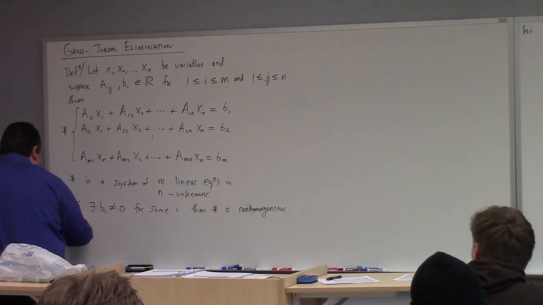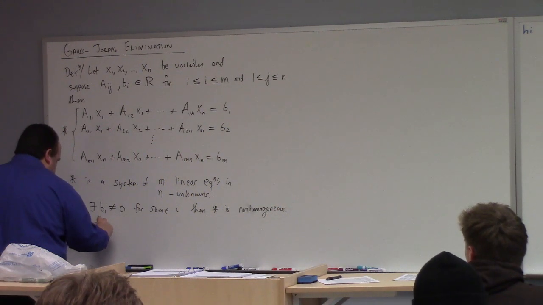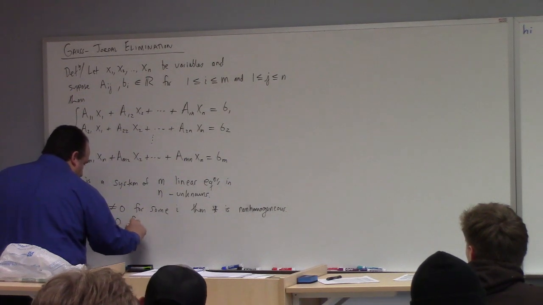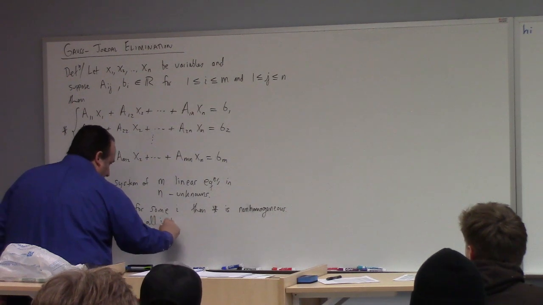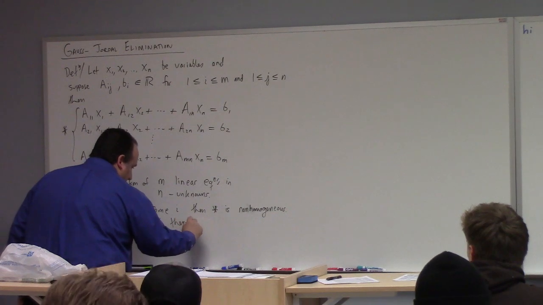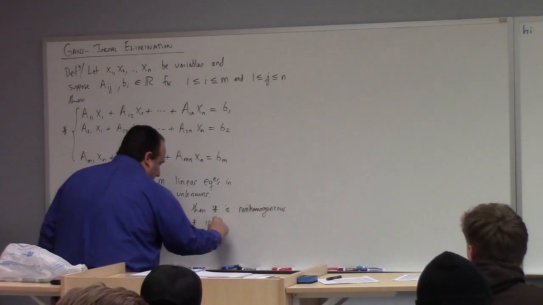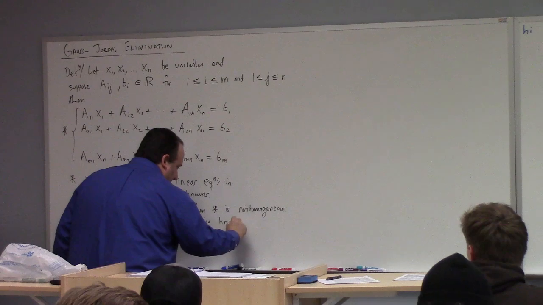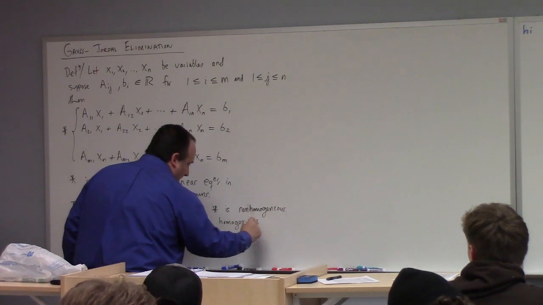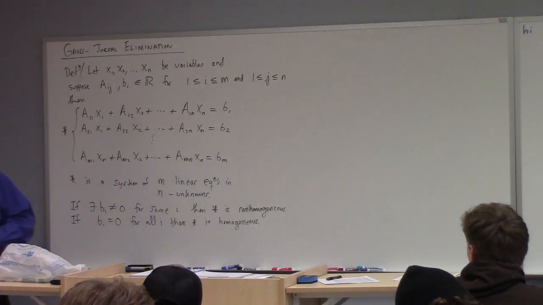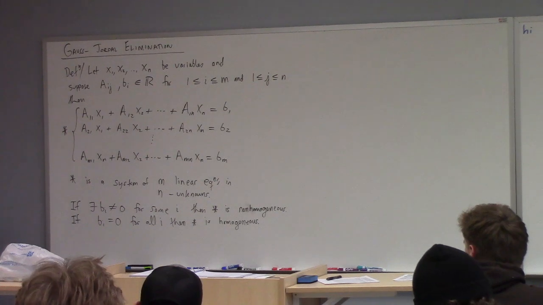If b_i is equal to 0 for all i, then star is homogeneous. All right? So that's the terminology here.